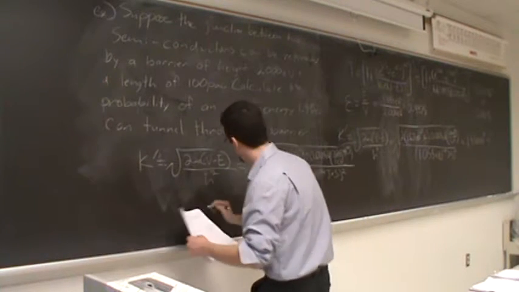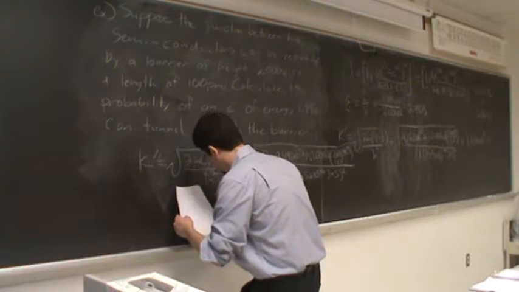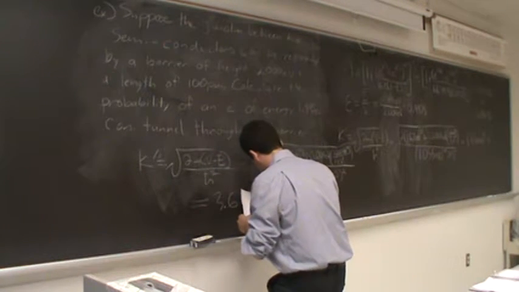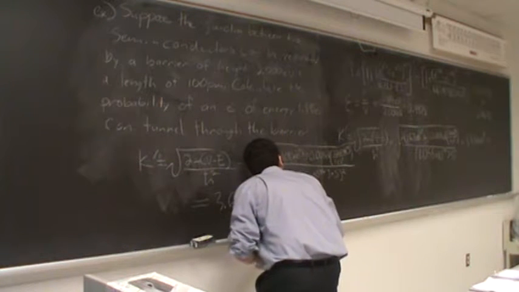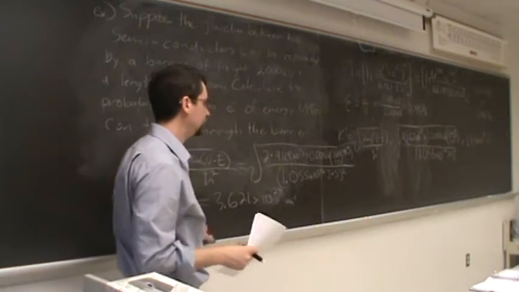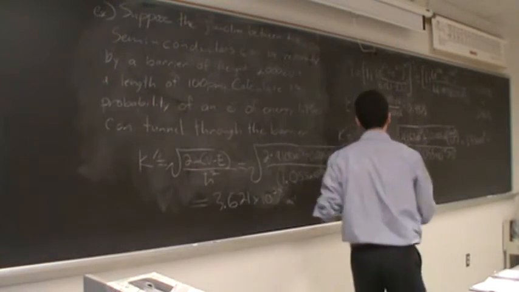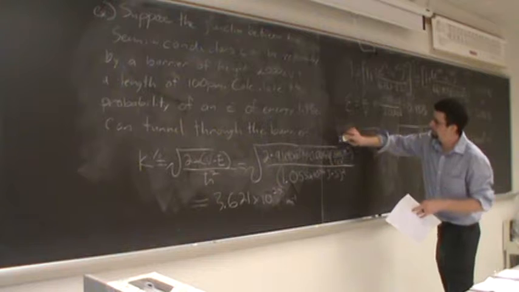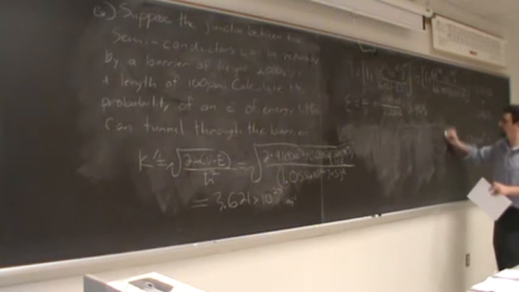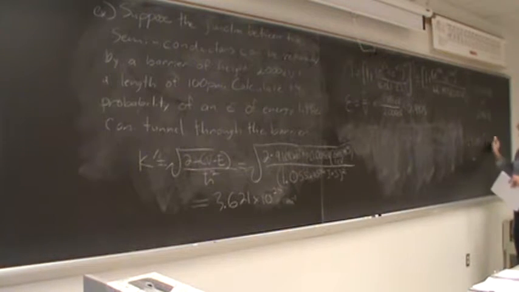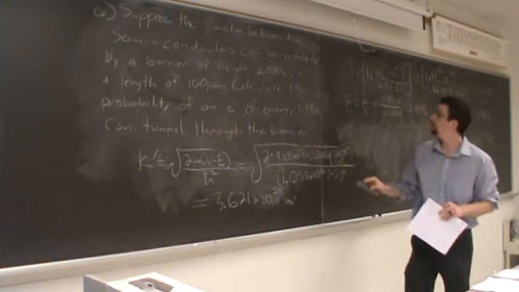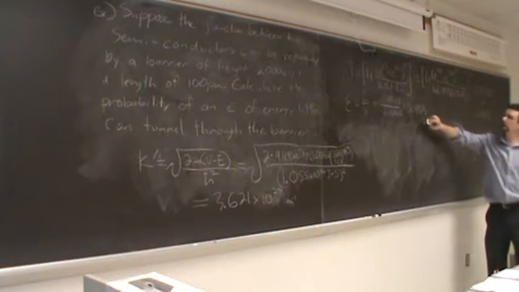Add that all squared, what that ends up working out to be is 3.621 times 10 to the positive 27 reciprocal meters. Is that positive 27? Yep, positive 27.